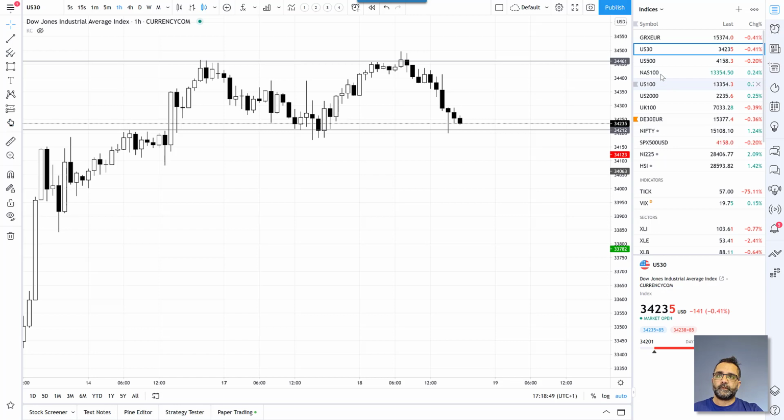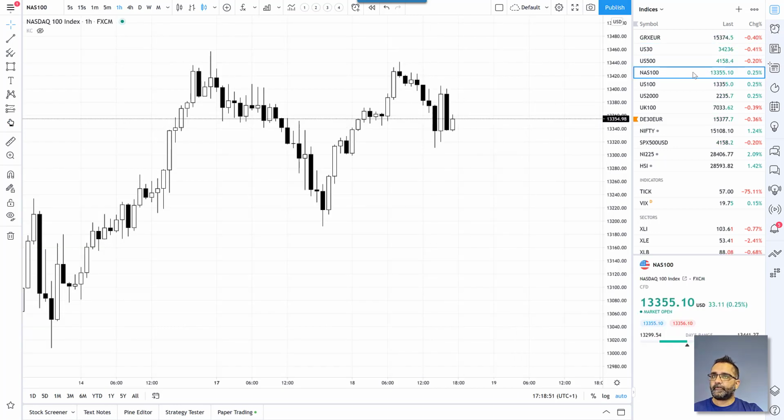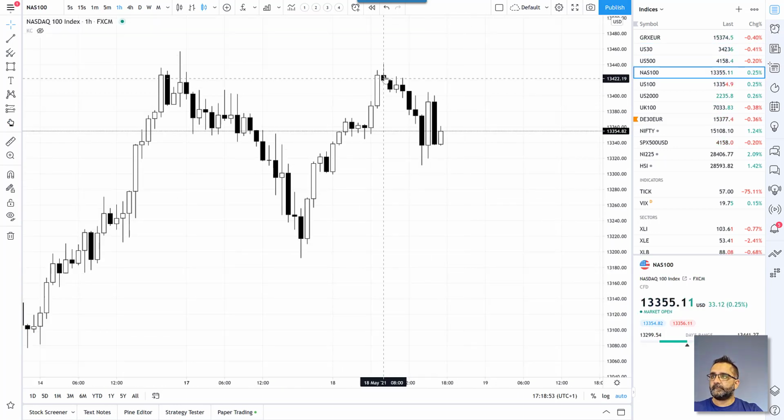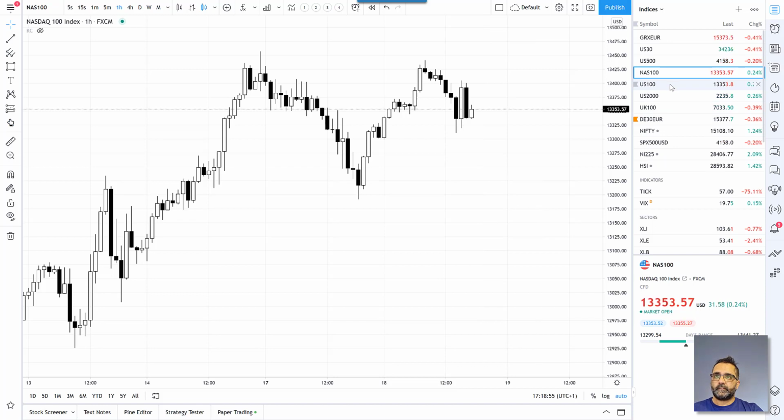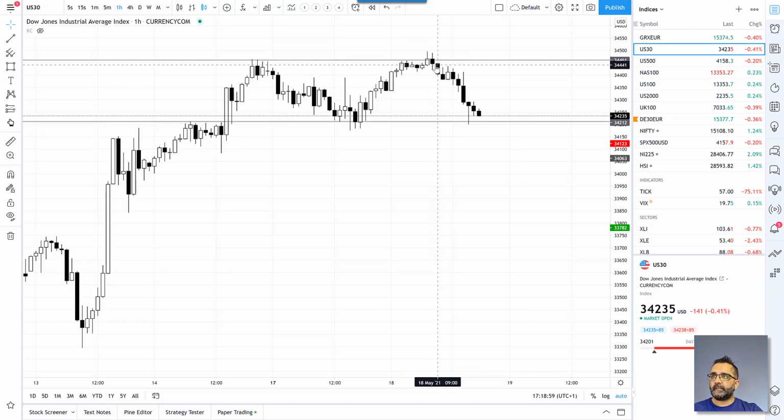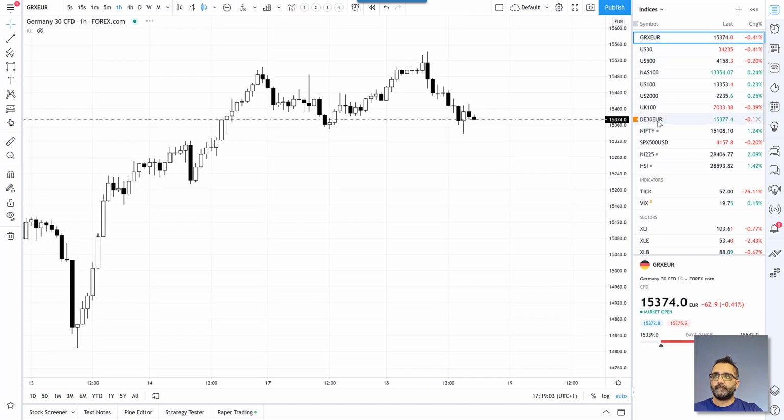I think not on US 30, not on Nasdaq, but on US 30, my entry from there was very easy, and it hit the target point like a joke. The DAX was the same. I traded on the 5-minute, targeted those levels.